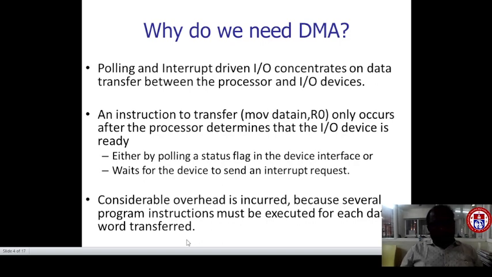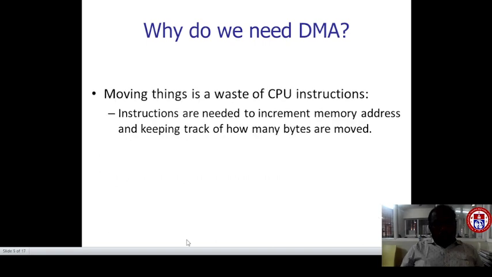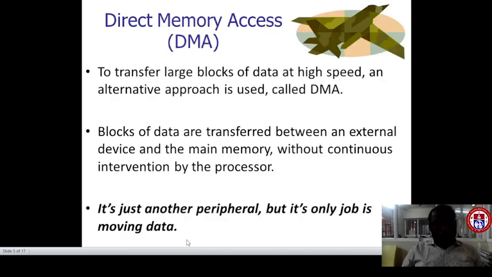Considerable overhead is incurred because of the several program instructions that must be executed for each data word transfer. Also, the moving of data is based on CPU instructions. That is the reason we need DMA.